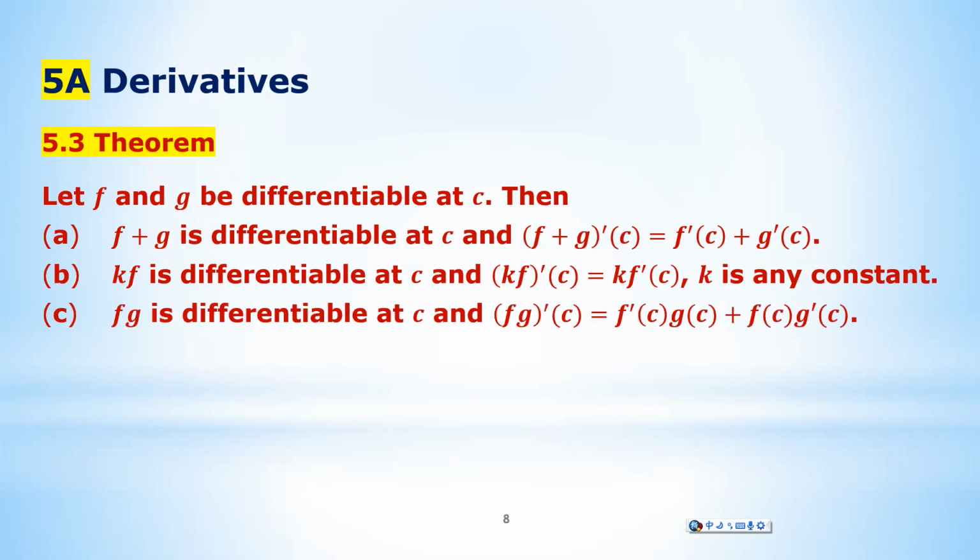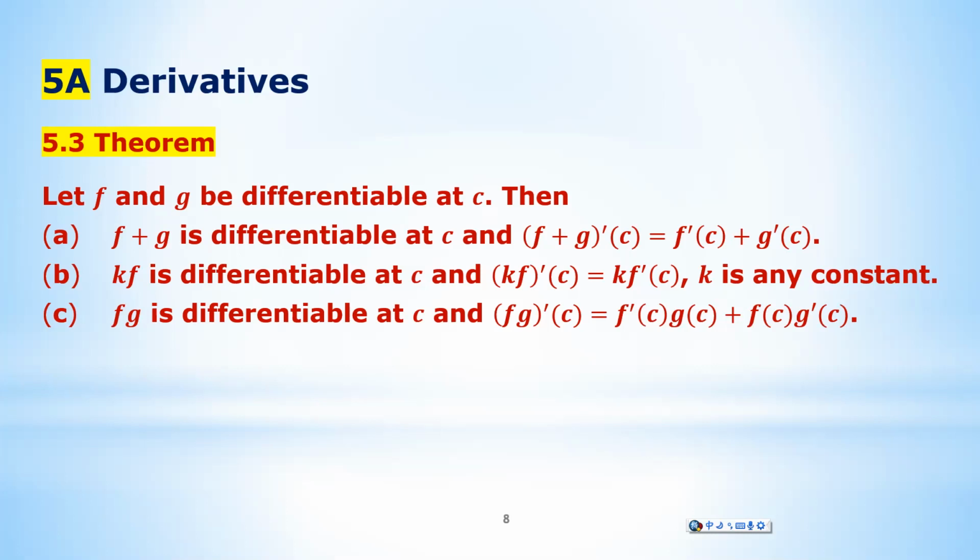Now part C is the product rule you learned from calculus 1. If f and g are differentiable, then f times g is also differentiable at c. And here is the famous product formula. The derivative of f times g equals the derivative of f times g plus f times the derivative of g.